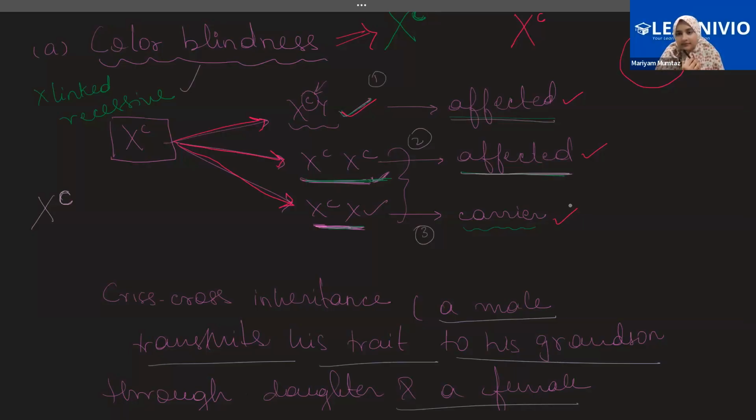Because it is X-linked, so the X is recessive here.